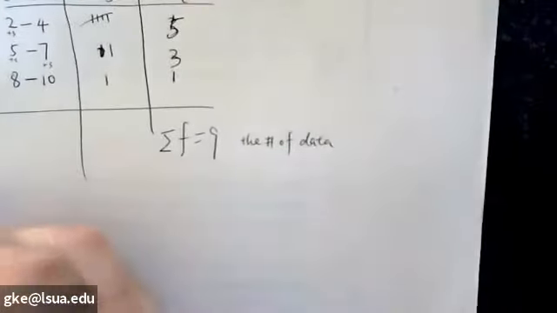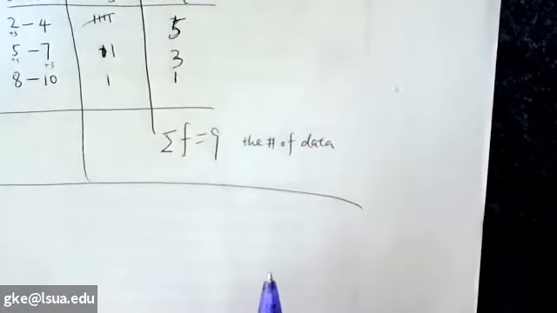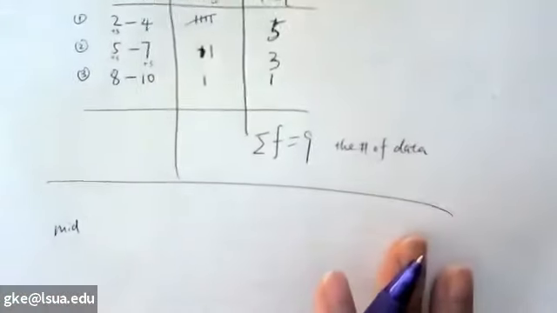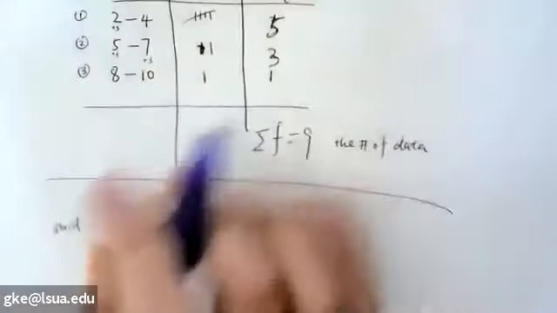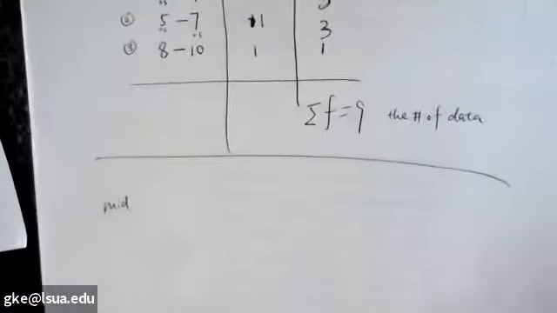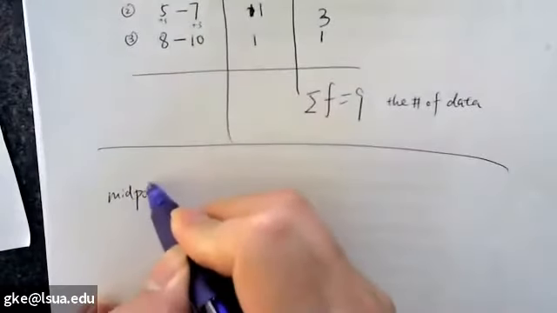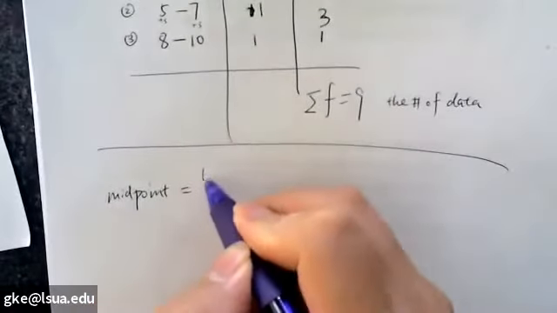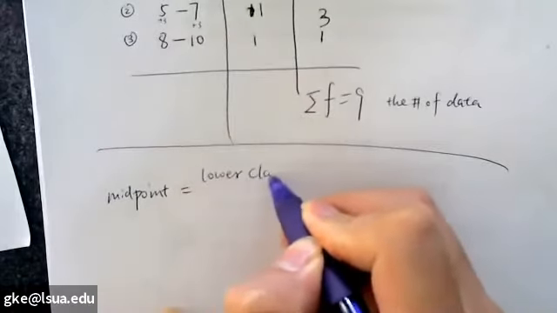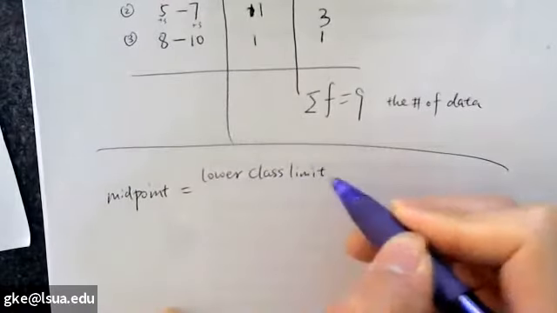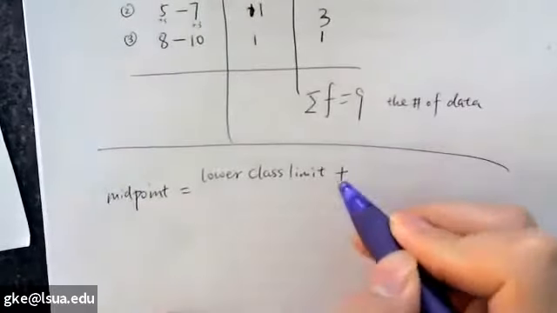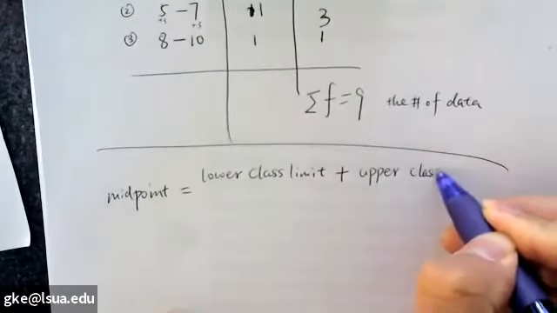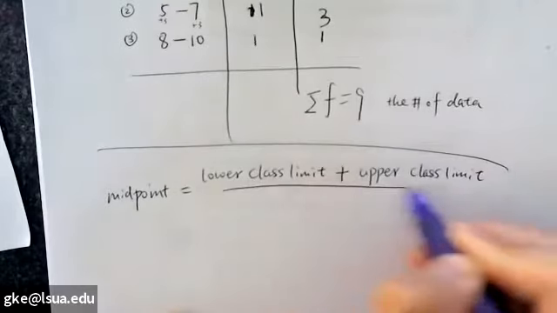The first terminology is the midpoint. The midpoint is defined as the lower class limit plus the upper class limit, divided by 2.